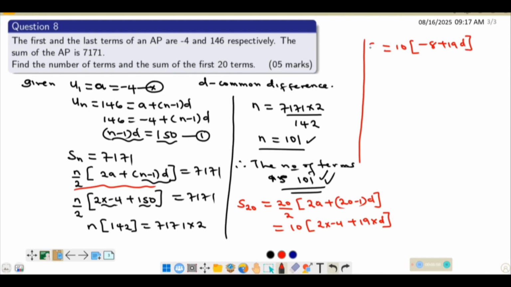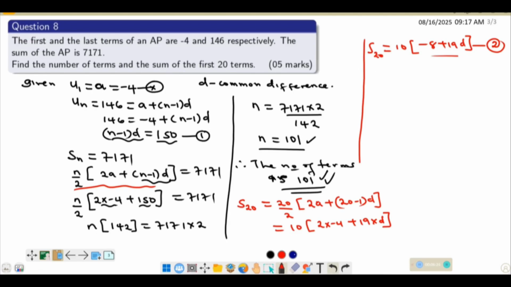We are interested in getting this, but we still don't know the value of d. So we need to get d first. Let us call this equation number 2.